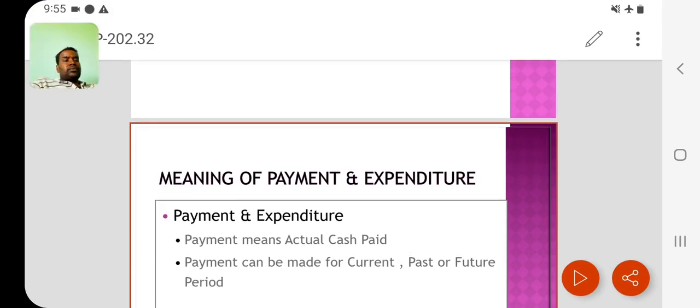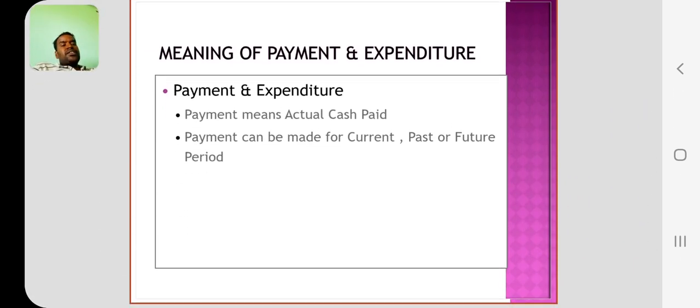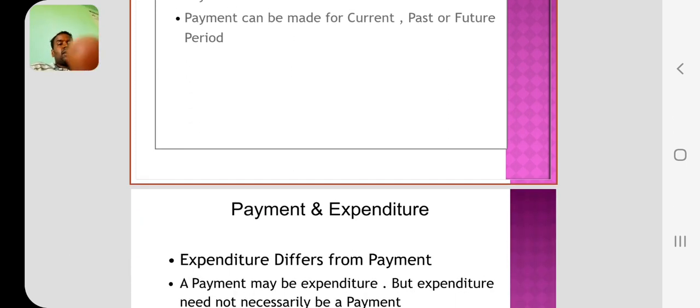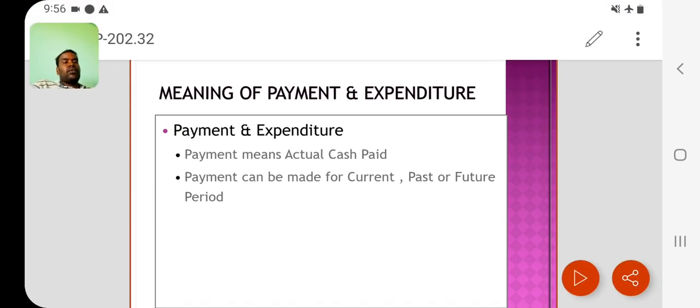Next, in this, some terms are there, payment and expenditure. Already we discussed. Payment and expenditure may be different from each other. A payment means actual cash paid. Payment can be made for the current year or past or future period.